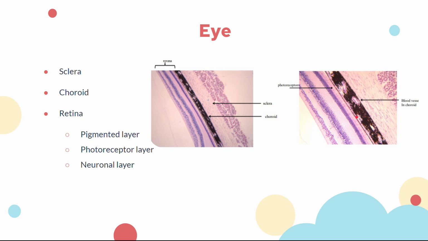So you can see here is our photoreceptor layer, there's just a thin black line. Then right behind it we have pigmented layer, and then these three sections are going to be our neuronal layer.